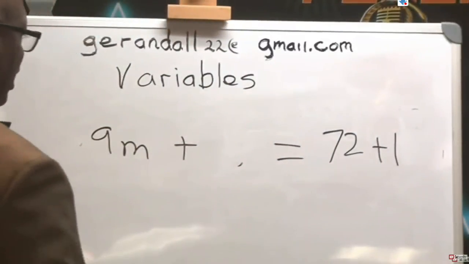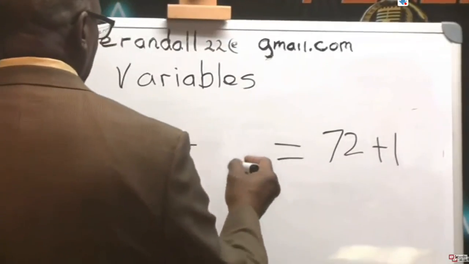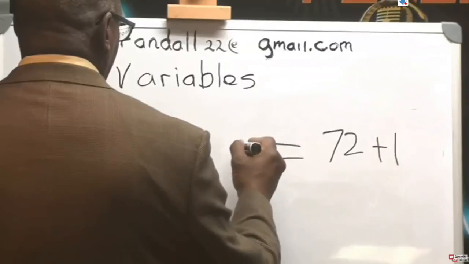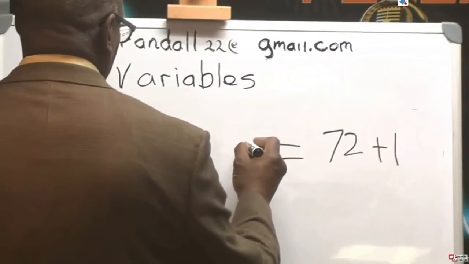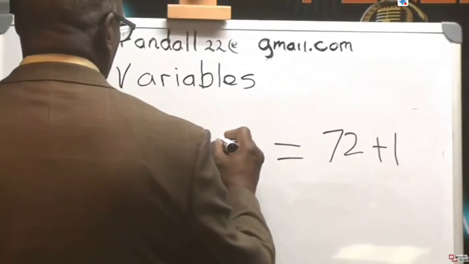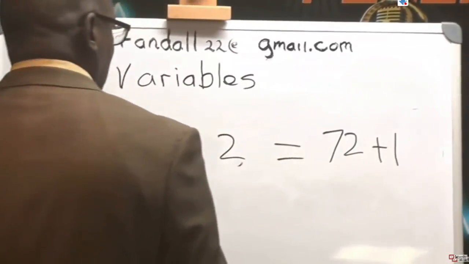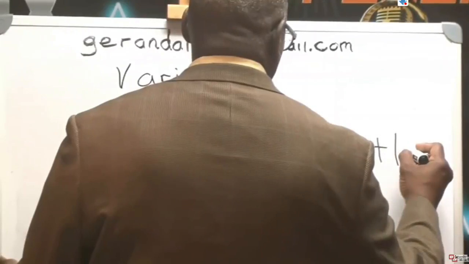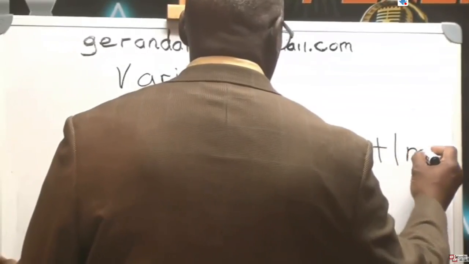Next time, we'll be looking at some algebraic expressions, but we're going to do this. We're going to make this a 2, and this just m, 1m.